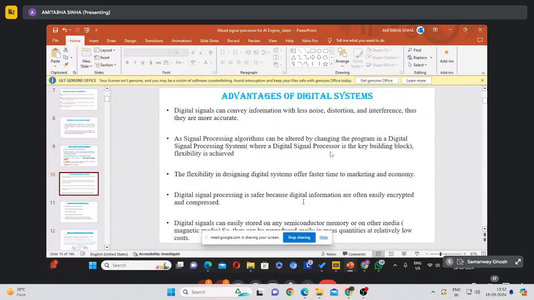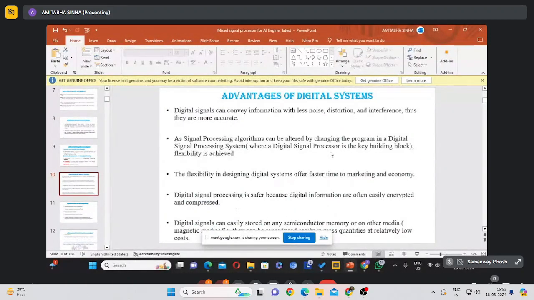So that's why periodically, randomly, this information is encrypted and then decrypted. Here digital systems are very, very fruitful for doing this kind of job. And another advantage is that digital signals can be stored on any semiconductor memory or other media.